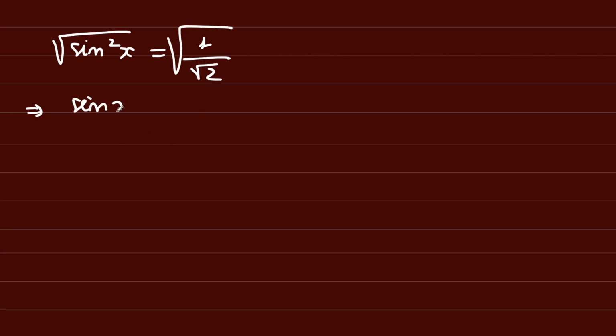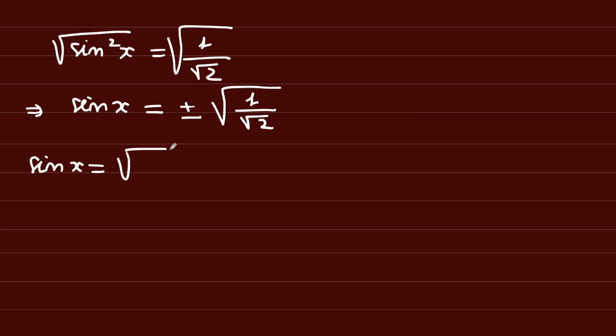And sine h equals two values, plus or minus 1 over square root 2. I will divide this into two cases. The first case is sine h equal to plus 1 over square root 2. And for the second one, sine h equal to minus 1 over square root 2.